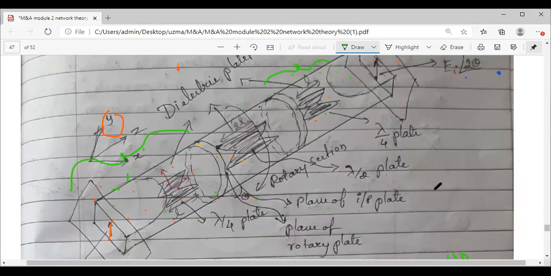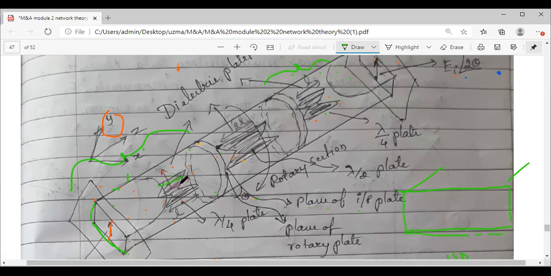I cannot show you the tilt here. If this is your broader wall, and this is your smaller wall of the waveguide. With respect to the broader wall means your base. Assume this is your waveguide mouth, from this it is moving, this is your rectangular waveguide section.